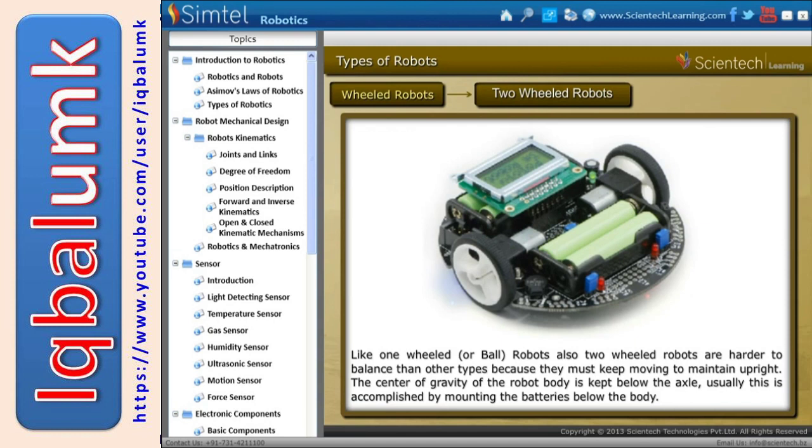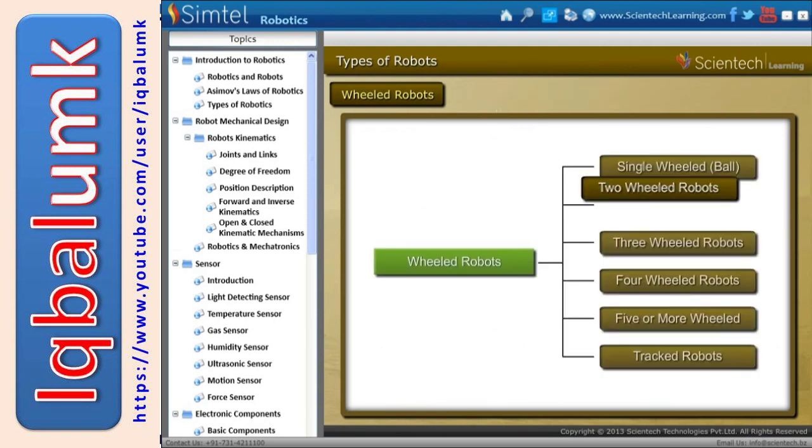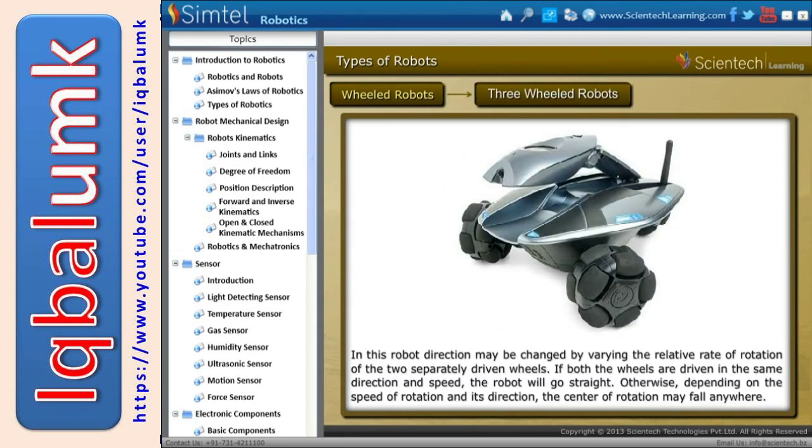Next one is three-wheeled robots. In this robot, direction may be changed by varying the relative rate of rotation of the two separately driven wheels. If both the wheels are driven in the same direction and speed, the robot will go straight.